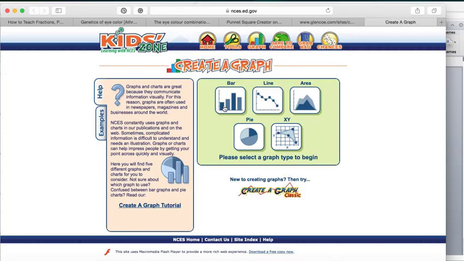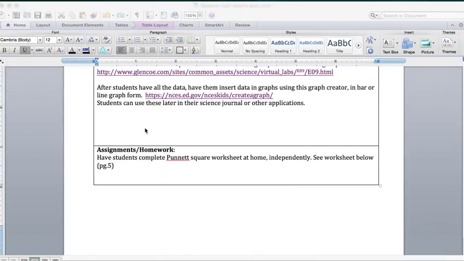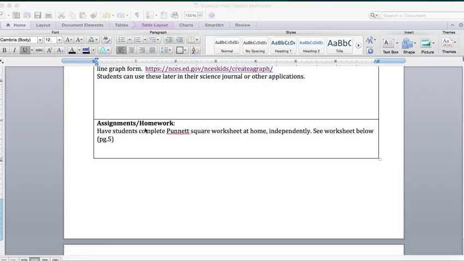The last website that I want you to look at here is an online component where they are able to select creation of their graphs via a bar, line, and I would say the third one applicable for this lesson would be a pie chart, okay? And that will give them opportunity to work with the computer technology component.